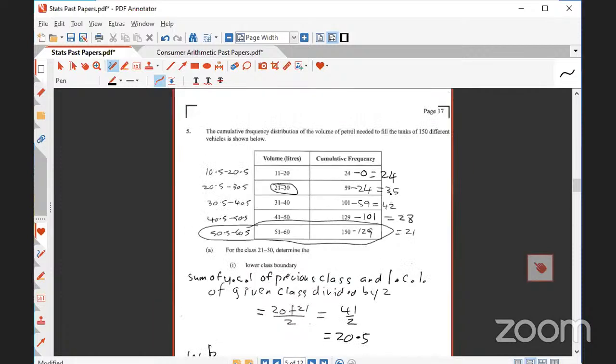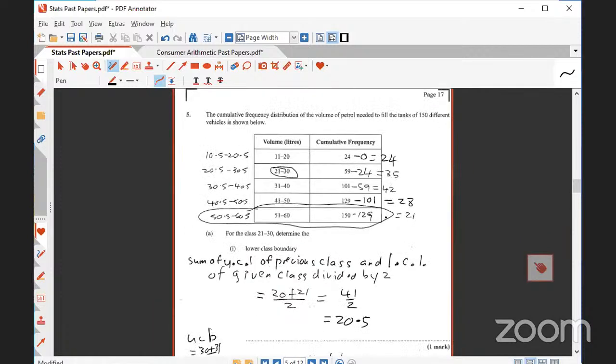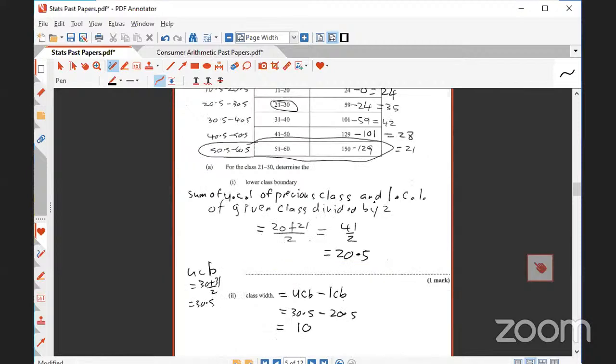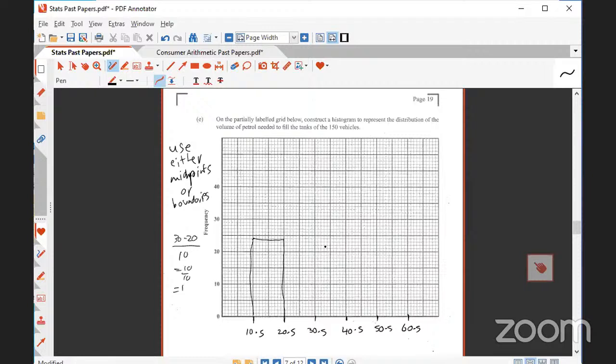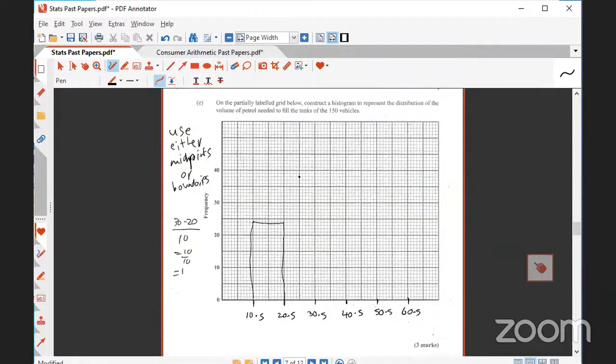All right, 35, then 42, 28, 21. So 35, and so 30 is here, 40 is here, 35 is right there in the middle of both of them. And again, obviously mine isn't going to be drawn that perfectly. So that's 35. Then I think the next one is 42.